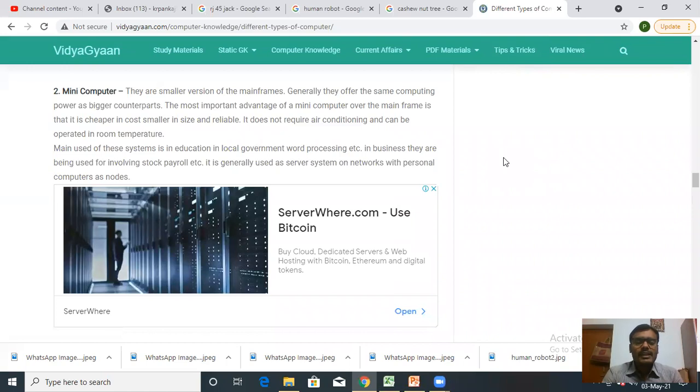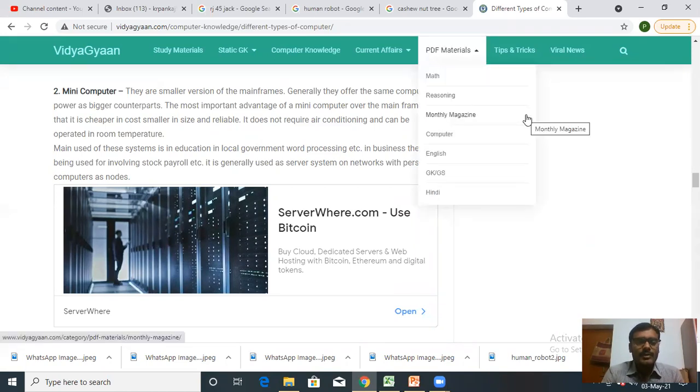You can say mini computers are medium-sized computers which have higher storage capacity and higher processing speed than microcomputers. They have higher memory capacity, higher storage speed, higher processing power, and sometimes they are bigger than microcomputers.